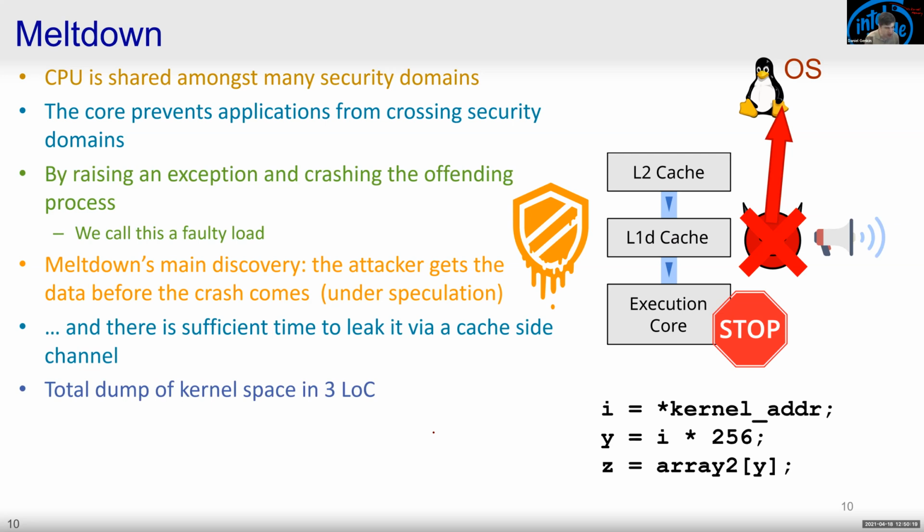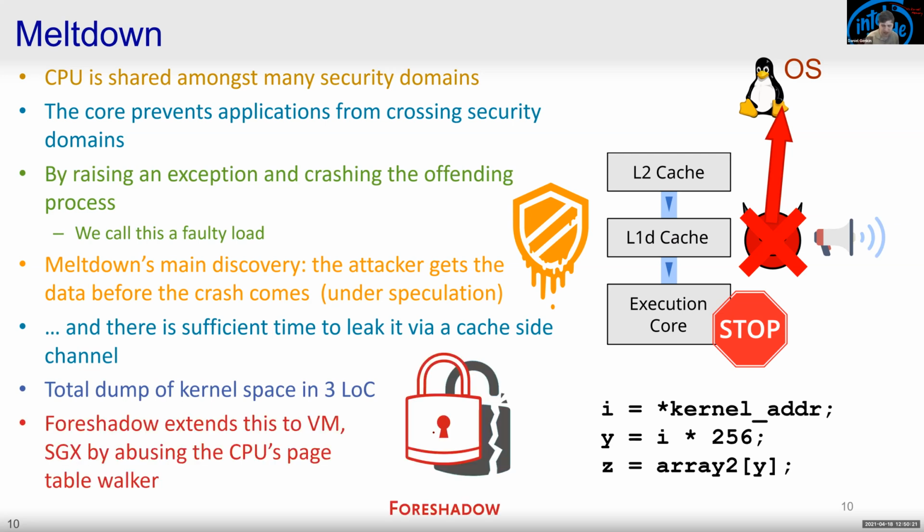And it's not only about the kernel, it's also about virtual machines, SGX, and pretty much any other security domain you have on your computer, because you can abuse a trick from a page table walker to generalize Meltdown to pretty much anything in your physical memory with 1 little line of code that makes everything worse.